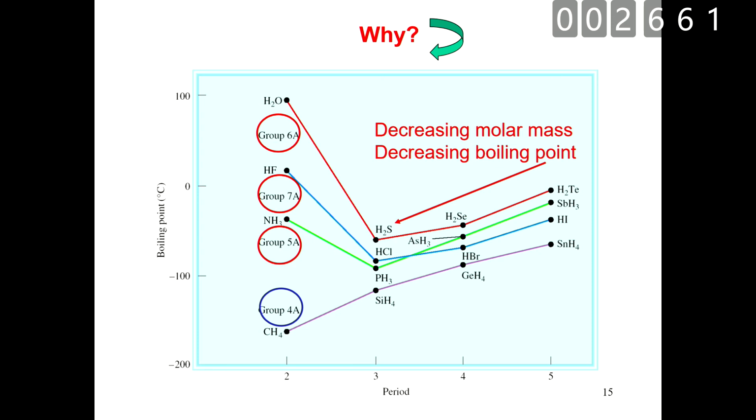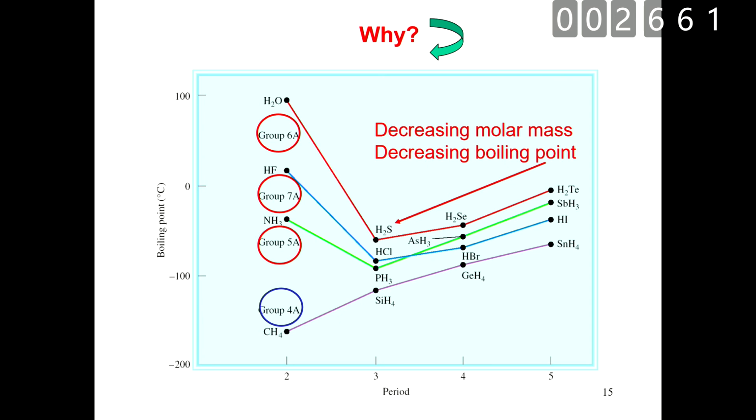Oxygen, sulfur, Se. This is group 6. This is group 7, group 5, group 4, and this is the boiling point. So from here we can see these three are oxygen, fluorine, nitrogen.